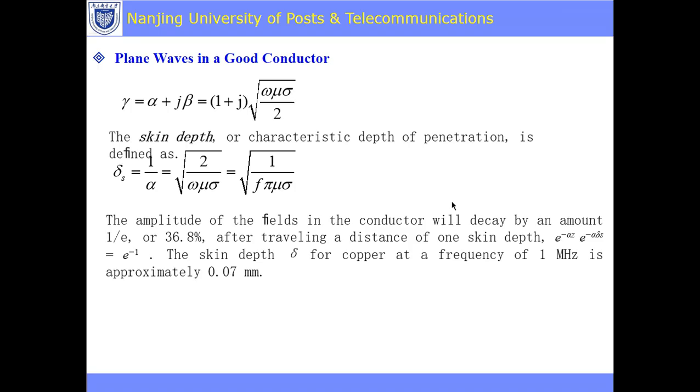How do you define that skin depth? This is skin depth, right? What is skin depth? How much distance this wave covered before it dies down is called skin depth.